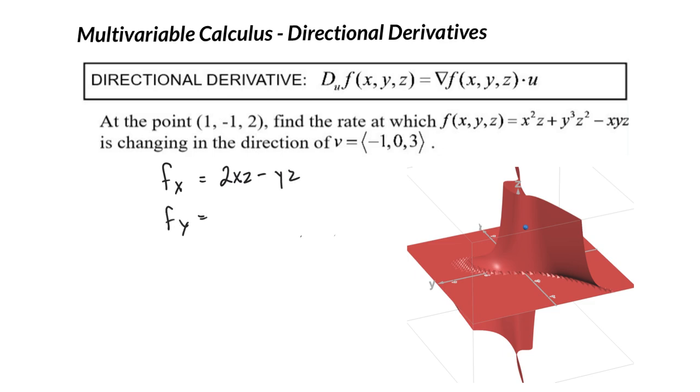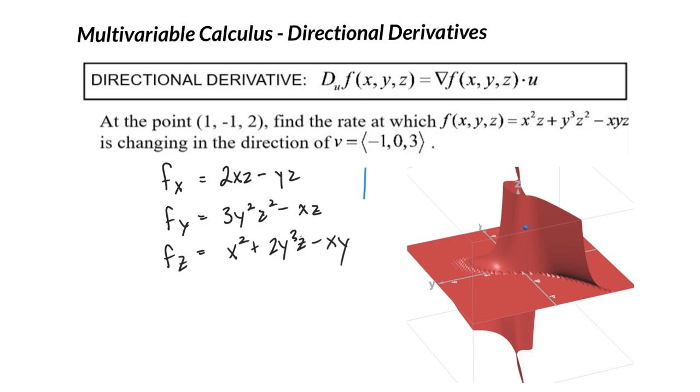The partial with respect to y would be 3y squared z squared minus xz. And the partial with respect to z would be x squared plus 2y cubed z minus xy.